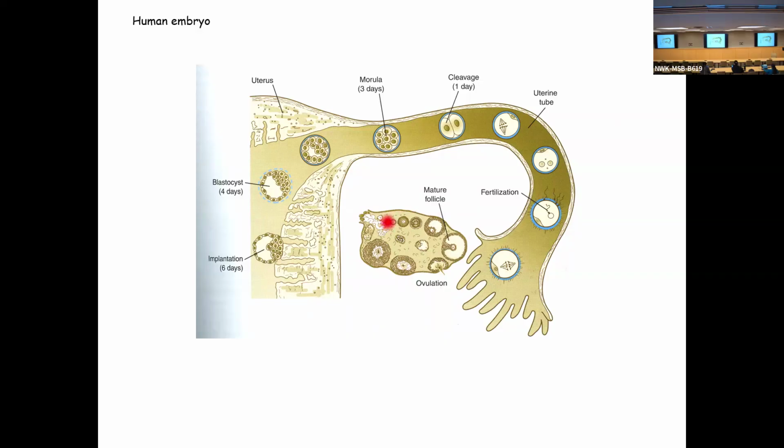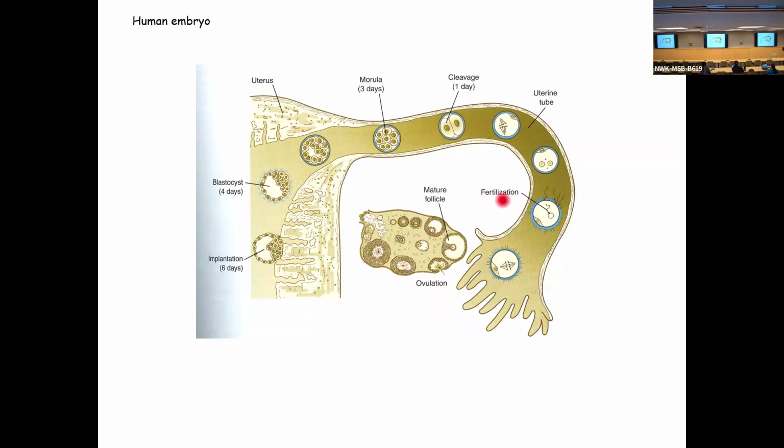So it goes from an immature follicle that matures, and then there is a rupture here, and the oocyte is being released into the fallopian tubes. Here, it is caught up by the fimbriae, sort of these digit-like structures that catch the oocyte that is being released here.